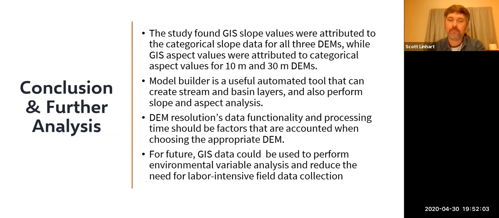In this study, we found that GIS slope values were attributed to the categorical slope data for all 3 DEMs, while the GIS aspect values were attributed to categorical aspect values for the 10-meter and the 30-meter DEMs.